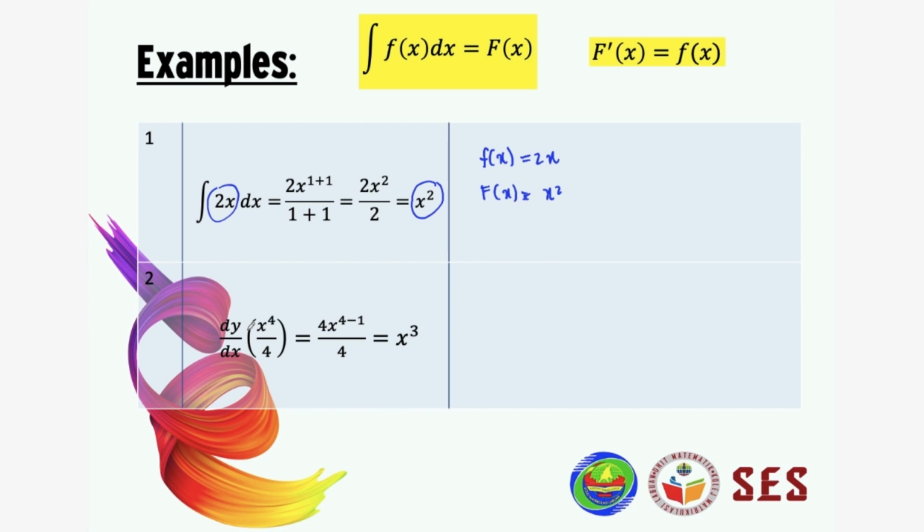Alright, so example number 2, we differentiate x to the power of 4 divided by 4 and we will get x to the power of 3. So based on our formula, we know that our antiderivative is x to the power of 4 divided by 4 and our derivative from this equation is x to the power of 3.